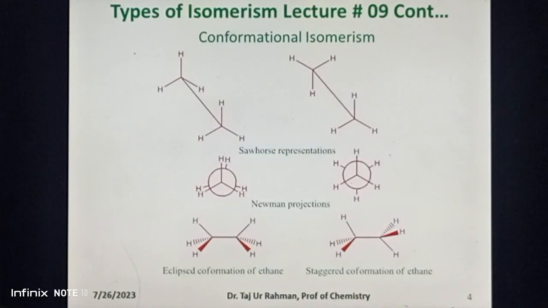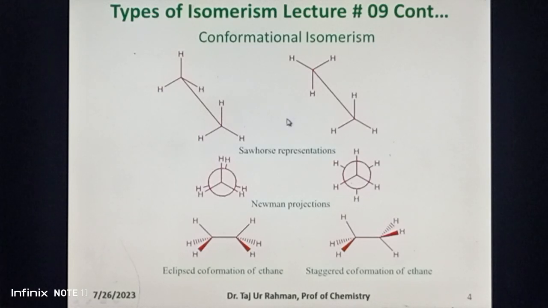Conformational isomers are conveniently represented in two ways, that is Sawhorse structures and Newman projections. These are the Sawhorse structures and these are the Newman projections of the ethane molecule.